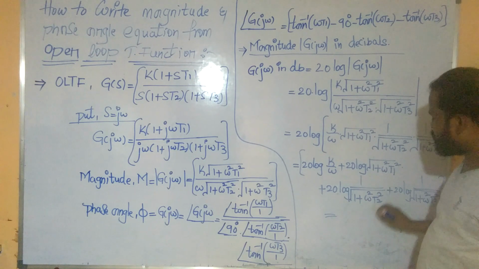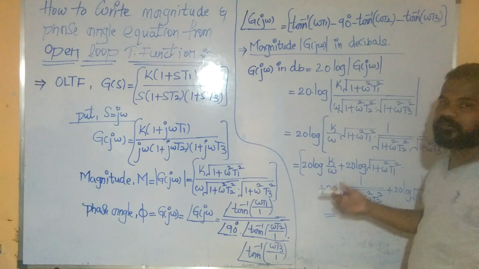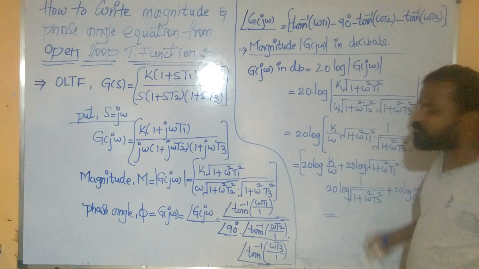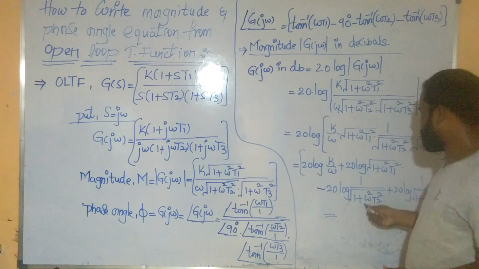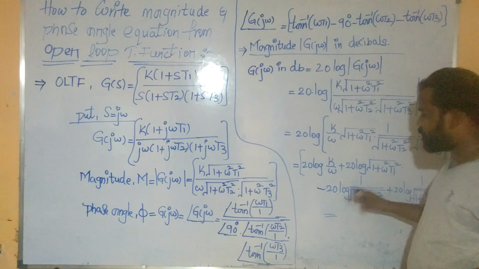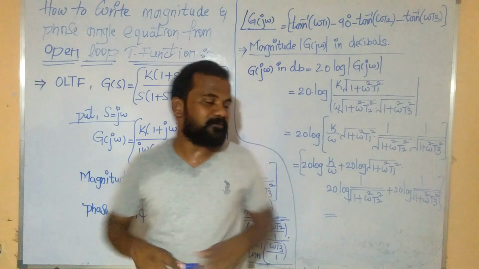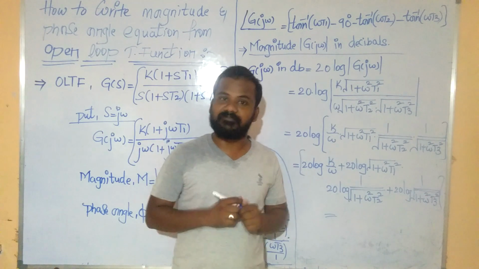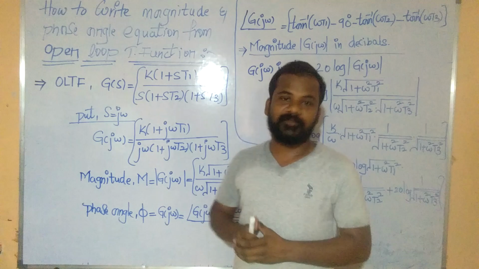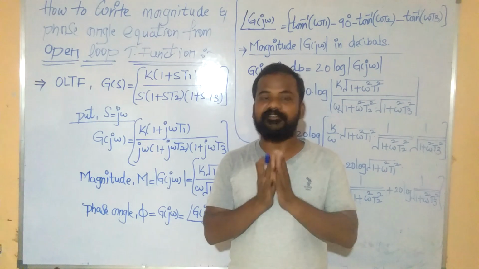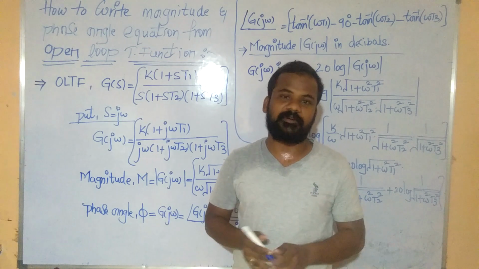So if a term is in the denominator, we can also consider it in the numerator by placing a negative sign here. So if this term comes into the numerator, then the sign will change here. Clear? So like this we have to write the magnitude and the phase angle equations from the given sinusoidal open loop transfer function. In the next class I am going to discuss the different factors available in the Bode plot. Thank you so much.